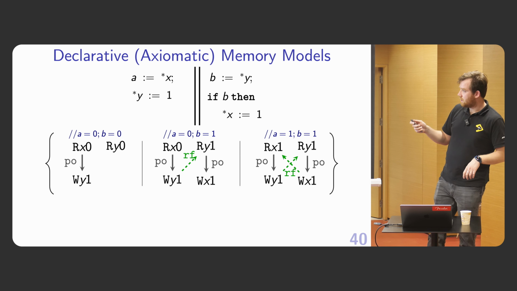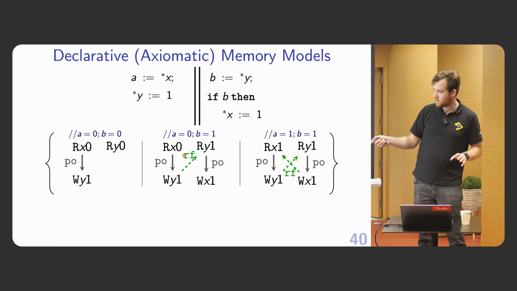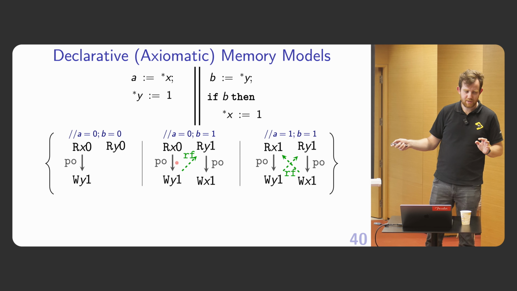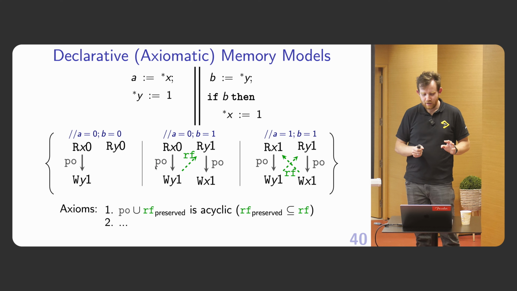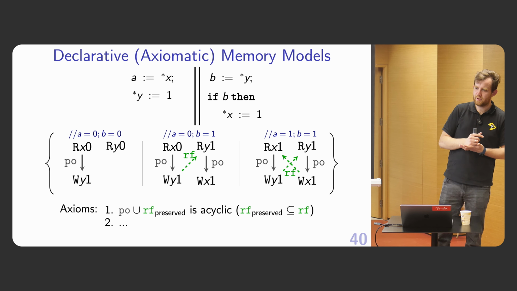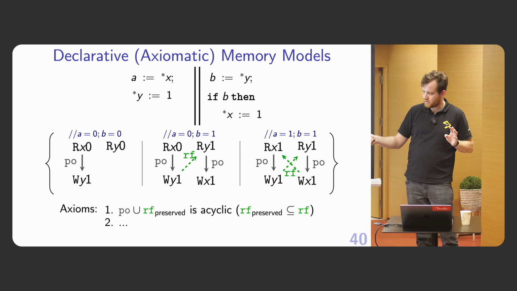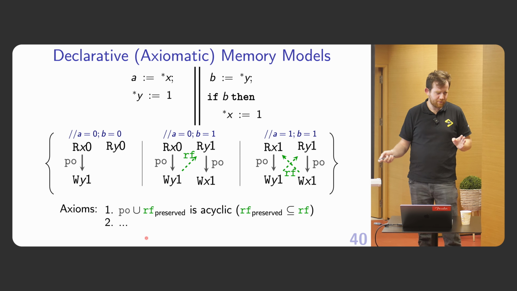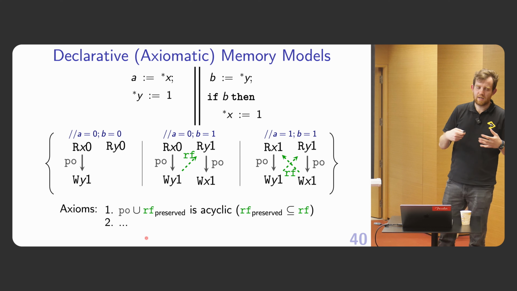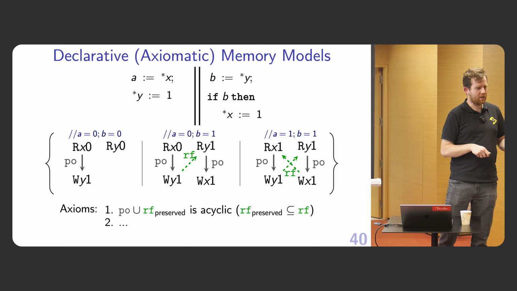So once you have constructed the execution graphs, there might be some inconsistencies in terms of the memory model. There are a bunch of axioms for each memory model, which are different, and which usually say that some cycles are disallowed.